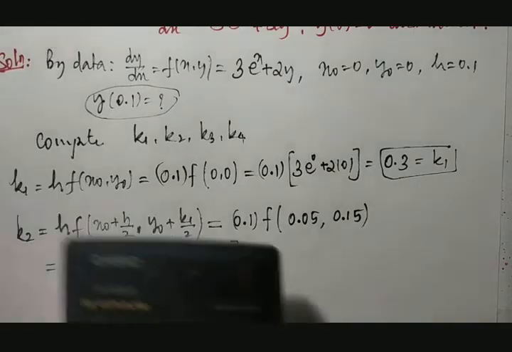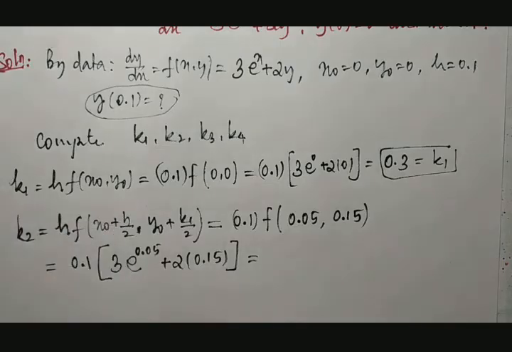So let us calculate this and let us see how much it is. 3 into e raised to 0.05 plus 2 into 0.15.